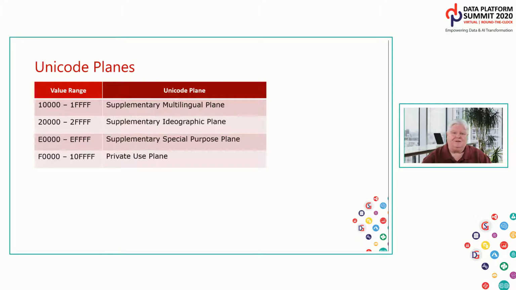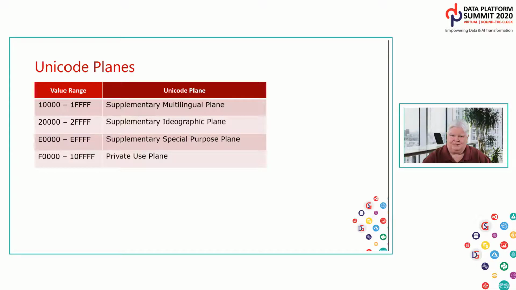Now, when they did Unicode, we said they realized this was a compromise. We only had 2 bytes to store a character in, and that was nowhere near enough. And so what they did is they expanded this. So it's important to understand that Unicode was not an encoding of data, it was a character set. And then we could encode it in different ways.